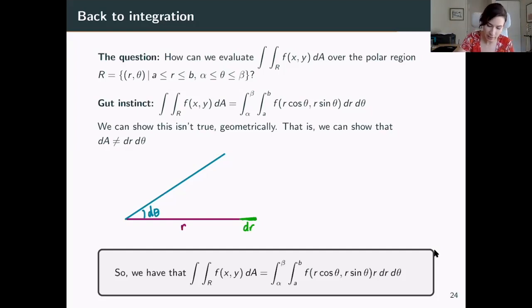So what would happen here is I would end up with a kind of shape that looks like this, and I would end up with a tiny area. I have my tiny dr, and I also have this tiny d theta. This shaded green area is what I have as dA.